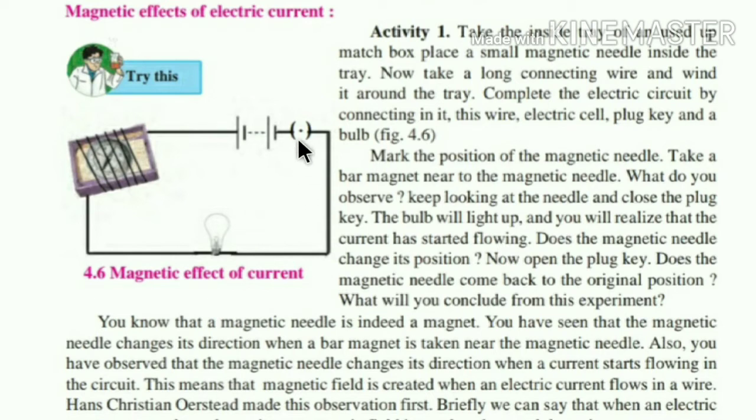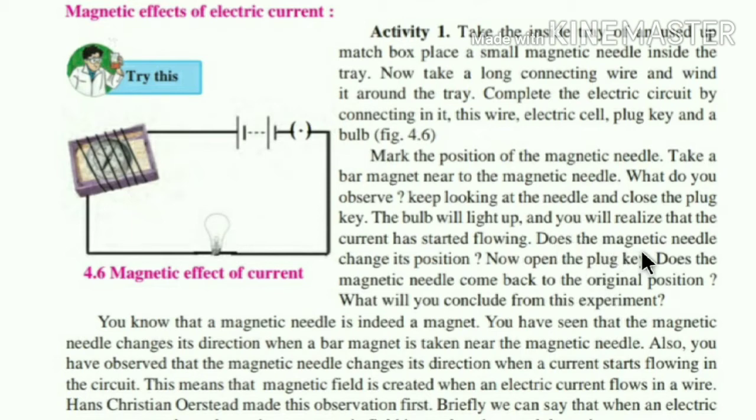When the bulb lights up, we realize that current is present in this circuit.